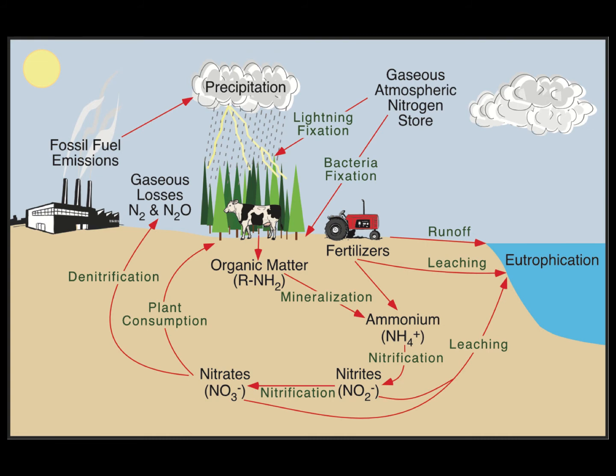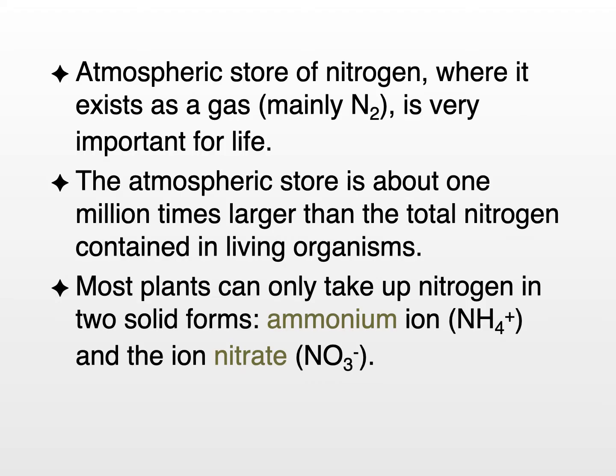We know that 78% of the gas in the atmosphere is nitrogen, mainly as N2 gas, and this store of nitrogen is very important to life. The atmospheric store is about 1 million times larger than the total nitrogen store in living organisms.